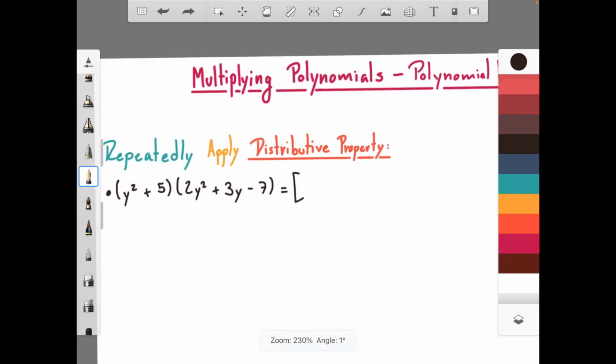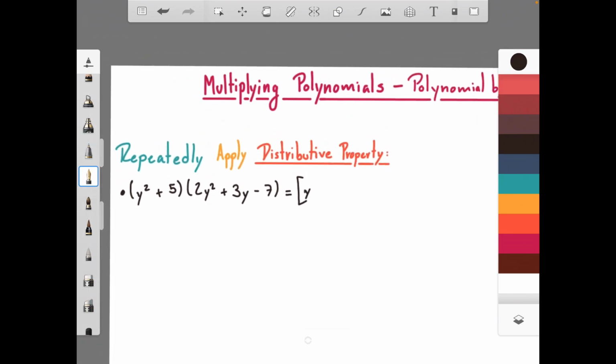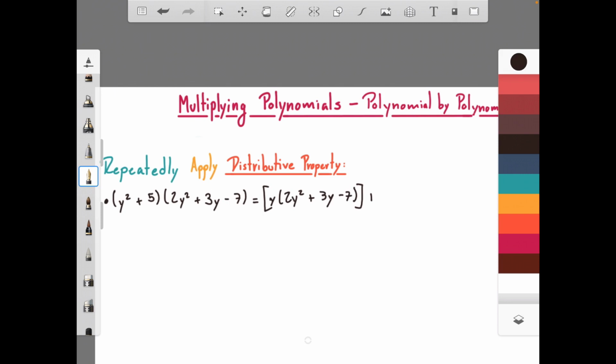Okay, so we now say that y squared is being distributed to 2y squared plus 3y minus 7, and all that plus, because over here we have a plus sign, so we add that to 5 being distributed to 2y squared plus 3y minus 7.